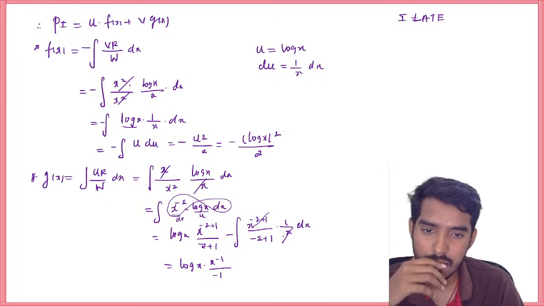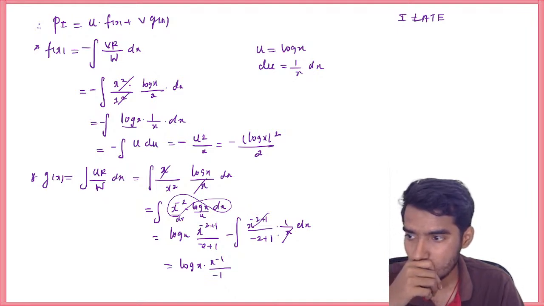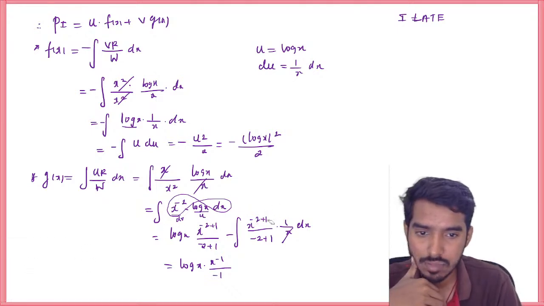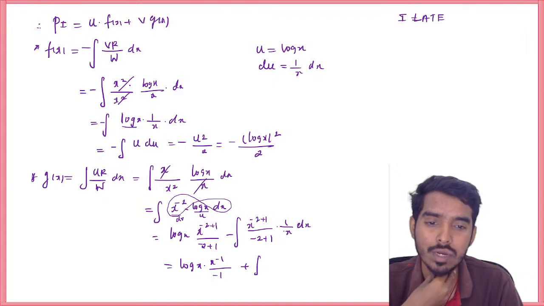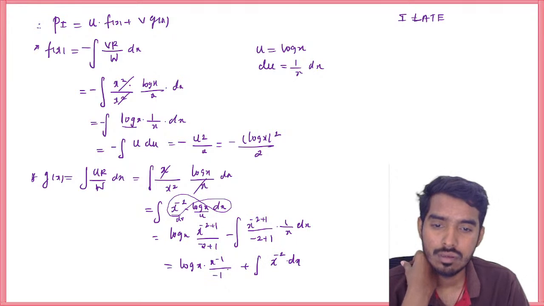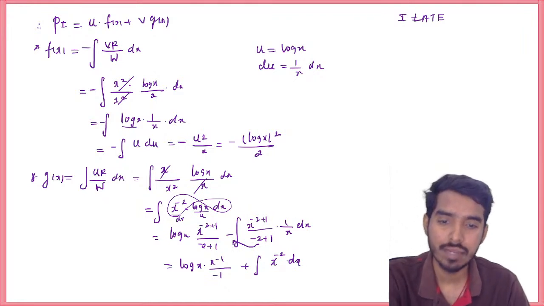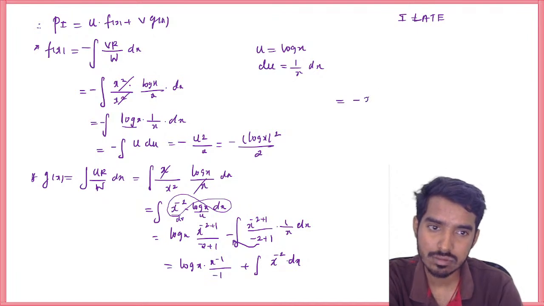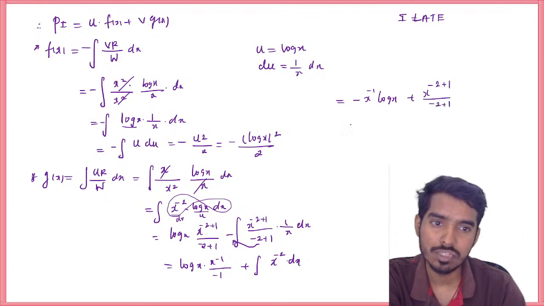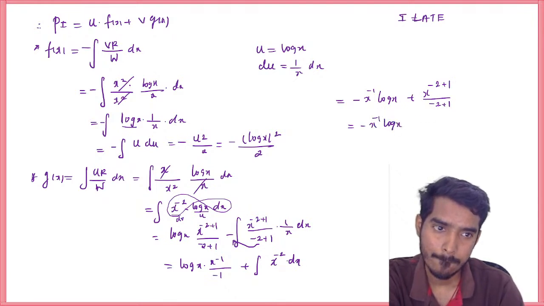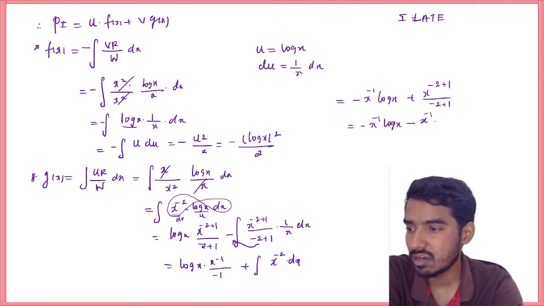Here we have plus the integration of x^(−2) dx, so minus 1 times minus 1 gives plus. So the integration of this will be −x^(−1) log x minus x^(−1). This is our g of x. That's it.